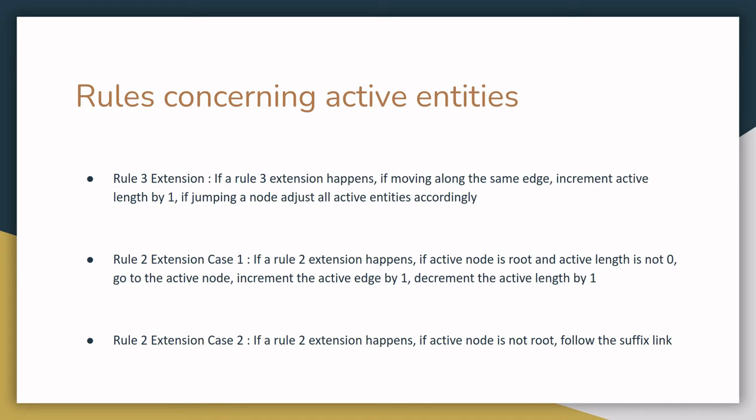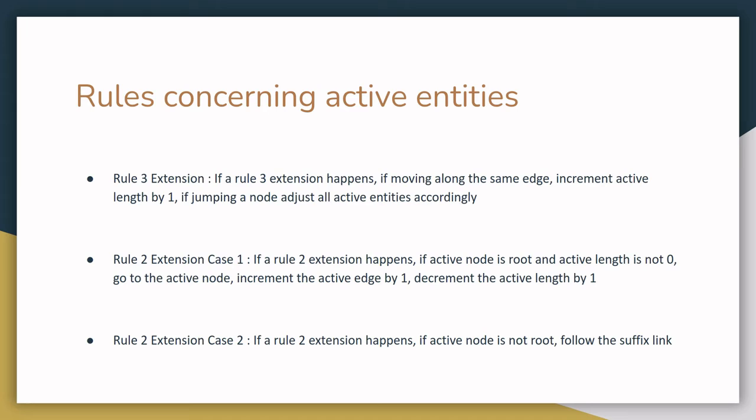Now there are a few rules concerning the active entities. The first rule is in relation to the rule 3 extension. So what is a rule 3 extension? If we reach the end of a path and the next character is already present, we do nothing.